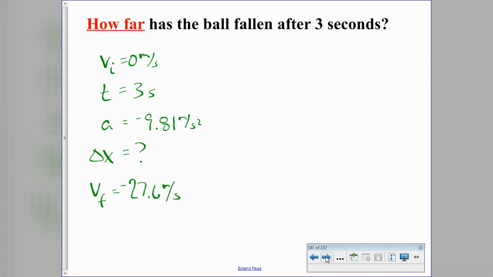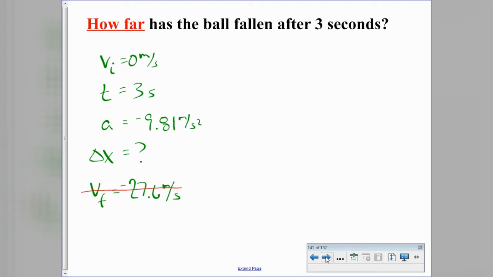Now, we actually have more information than we need to solve this problem, since we have the answer from the previous problem. And that's where I would suggest that you ask, what if I got the last problem wrong? Can I still solve it? And the answer is yes. I would encourage you not to use the number from a previous problem unless you absolutely have to.